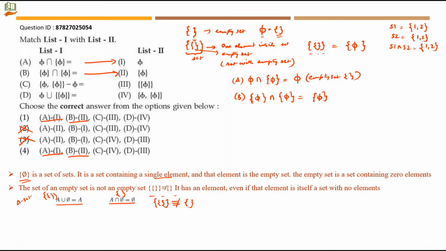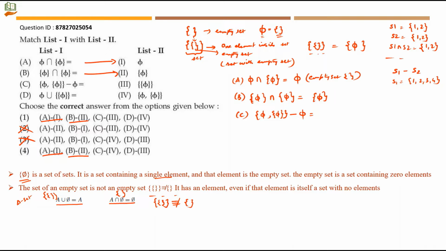Now let's take C. We have a set, and inside the set we have two elements. One is empty set and another is set with empty set. So this is one set together. We have difference operation with empty set. What is the result? If I take two sets S1 and S2, let's take S1 is equal to 1, 2, 3, 4.